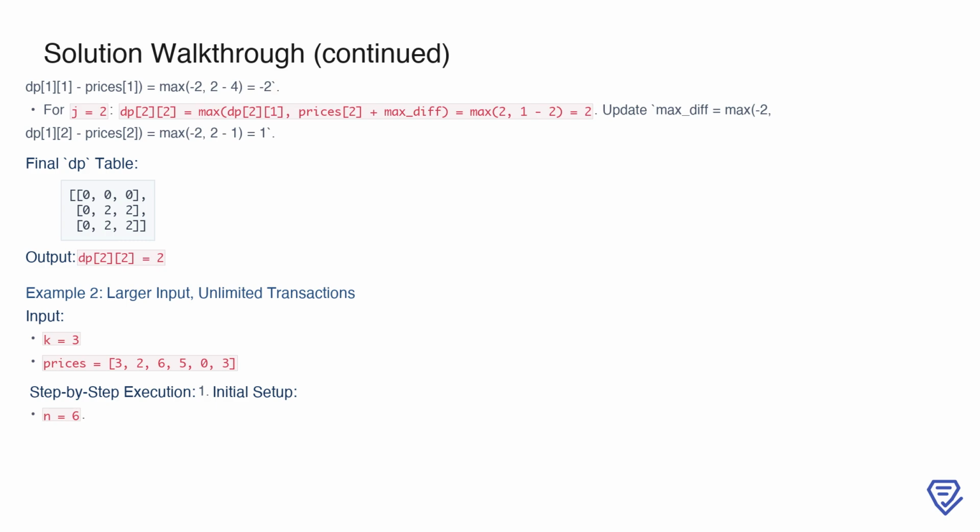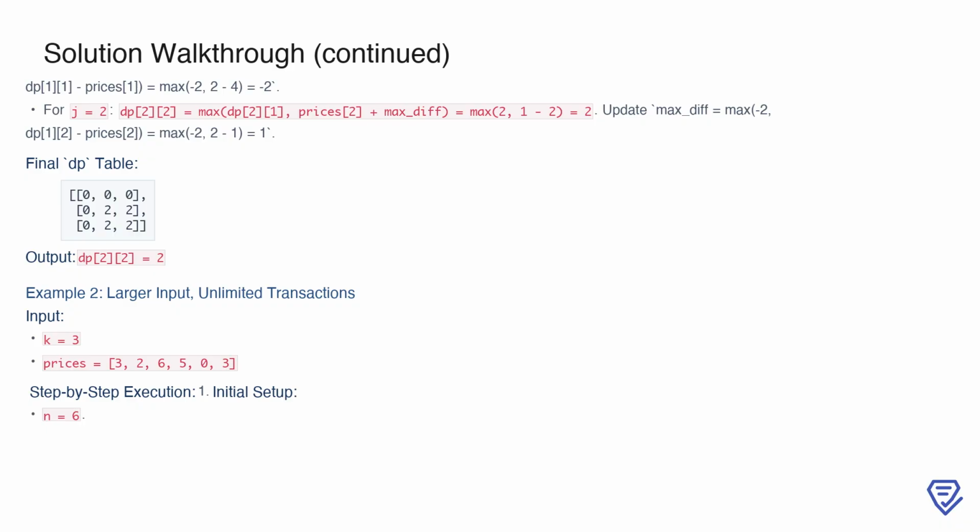In the second transaction for this example, starting with i equals 2, max_diff is reset to -prices[0], which is -2. For j equals 1, we calculate dp[2][1] as the maximum of dp[2][0] and prices[1] plus max_diff, which results in 2. Max_diff is updated to -2 as the calculation does not improve it.